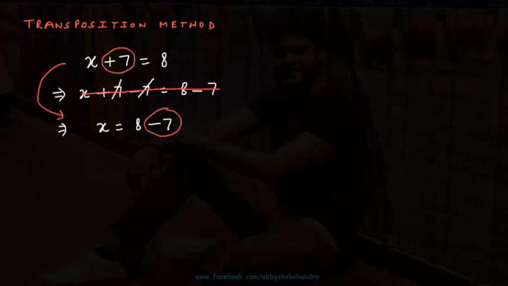Plus 7 and minus 7 cancelled each other out on the LHS to give x equal to 8 minus 7. If we skip this step, x plus 7 minus 7 equal to 8 minus 7 and jump directly to x equal to 8 minus 7, we can say that plus 7 on the LHS has become minus 7 on the RHS. This is exactly what happens in the transposition method.